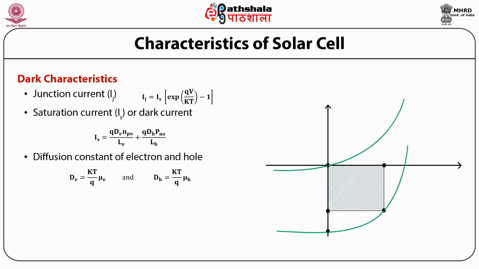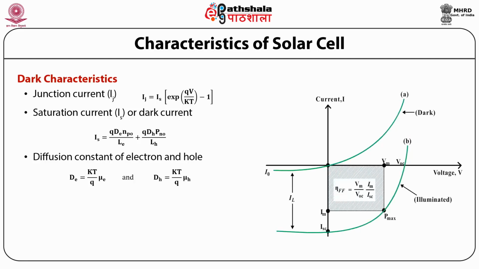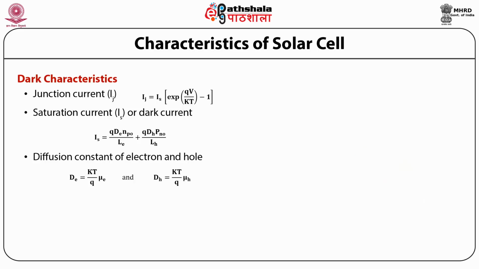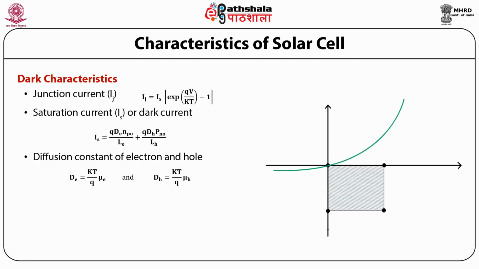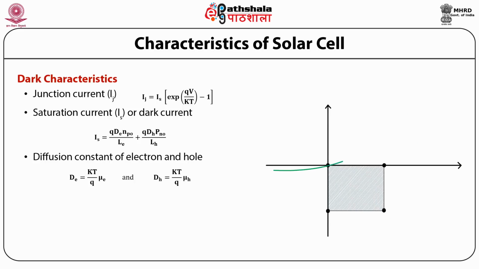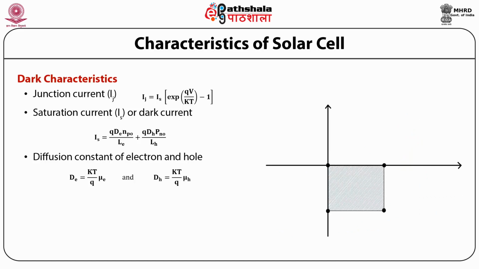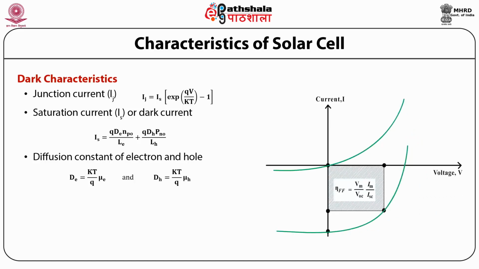Now the densities of electrons and holes are given by Np0 equal to Ni square by Na and Pn0 is equal to Ni square by Nd, where Na and Nd are the impurity concentrations in P region and N region, and Ni is the intrinsic carrier concentration.